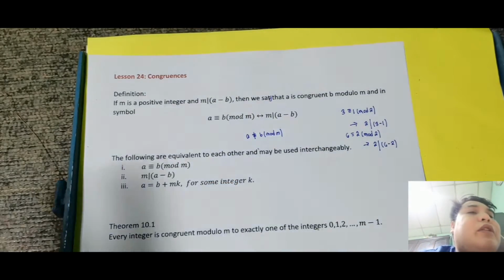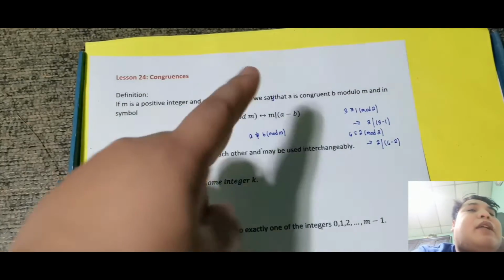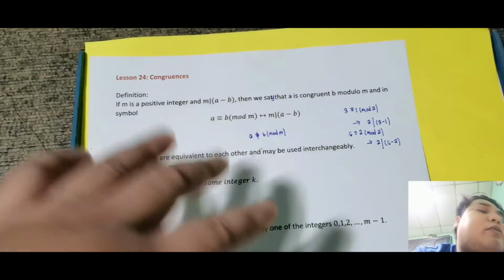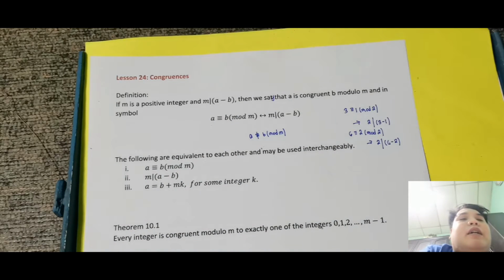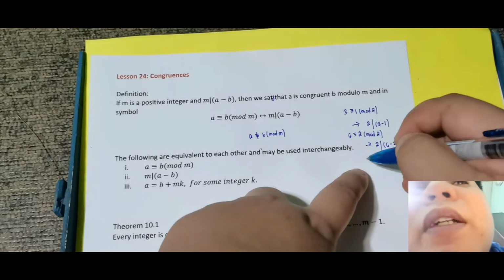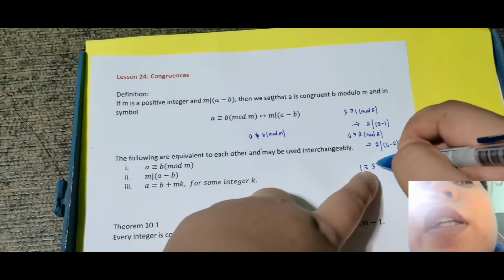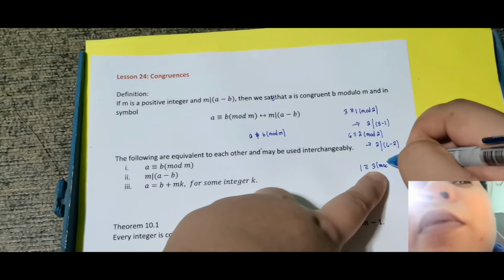Okay, another thing, pwede rin magkabaliktad dyan, pwedeng mas malaki yung b. Hindi ko naman sinasabi lagi mas malaki si a kay b, pwedeng mas malaki si b kay a. Bakit sir? Kasi divides lang naman ibig sabihin yan. So we have 1 congruent to 3 modulo 2.